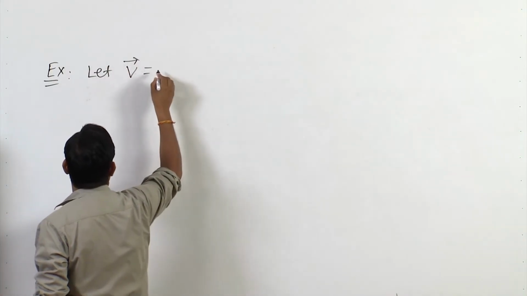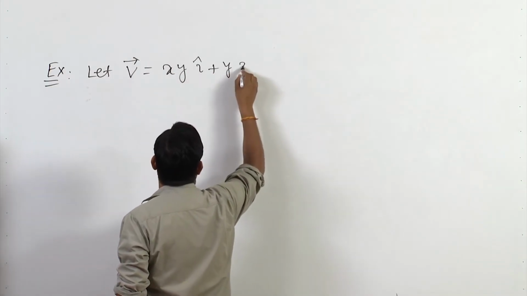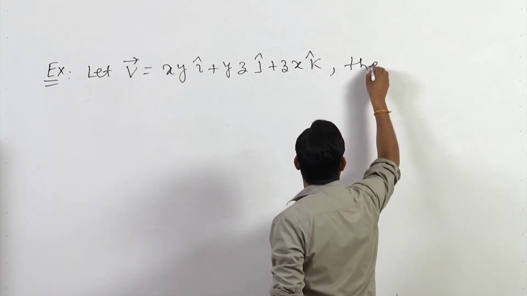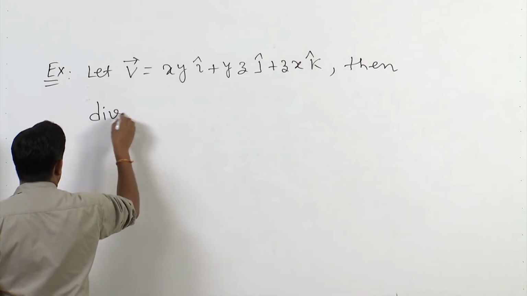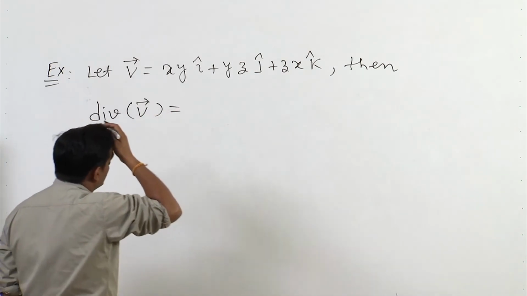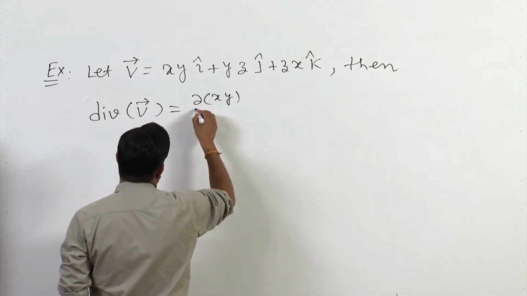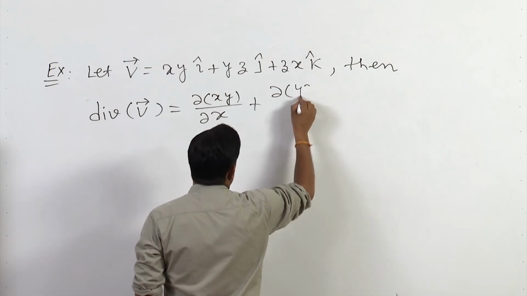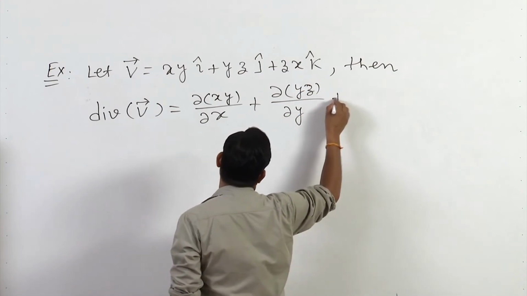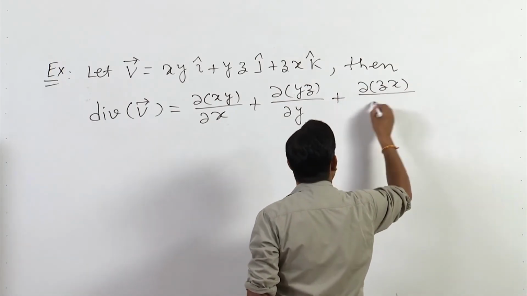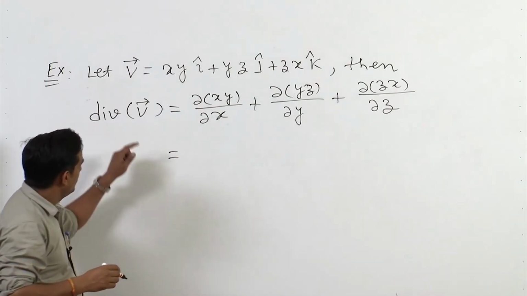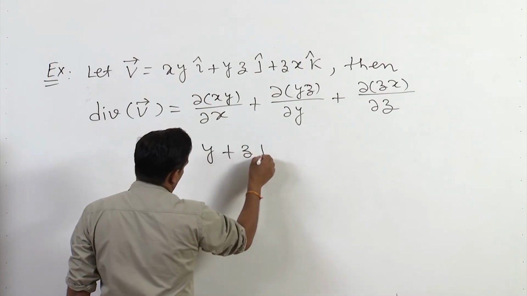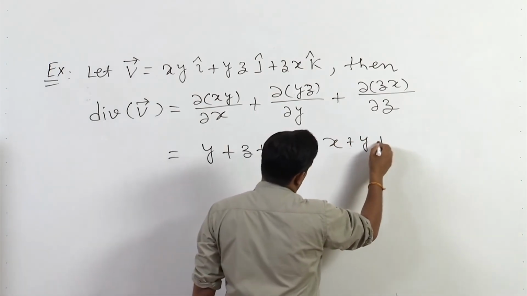Let V equal x y i plus y z j plus z x k. Then the divergence of V is this quantity, because this is del operator dot V, and this comes out to be y plus z plus x, that is basically x plus y plus z.